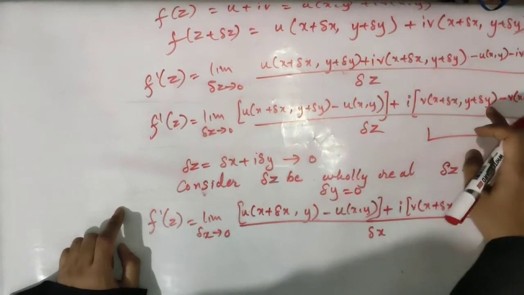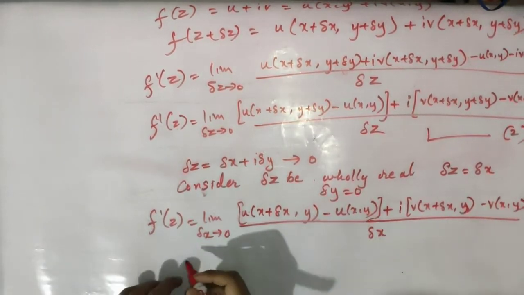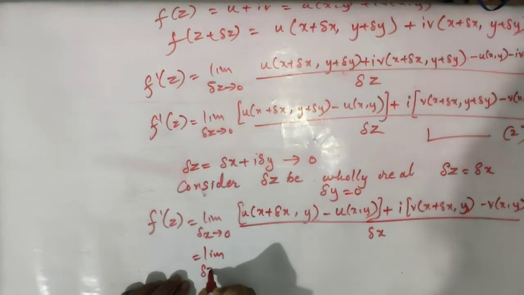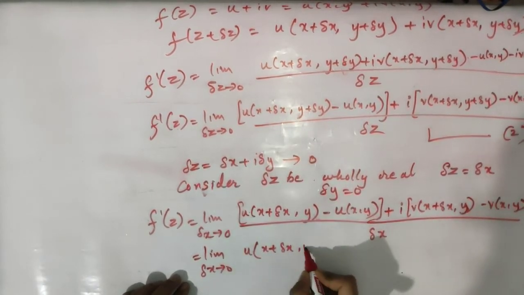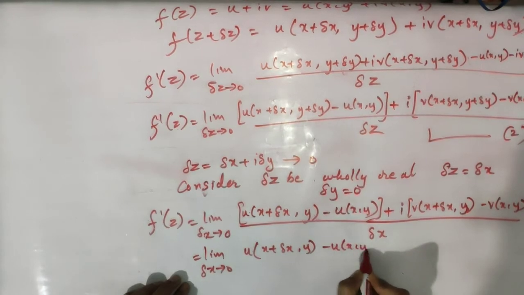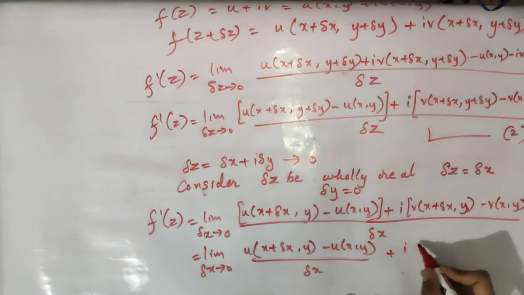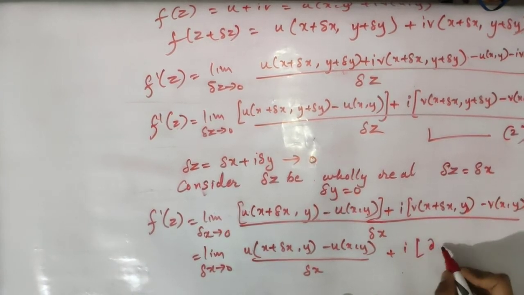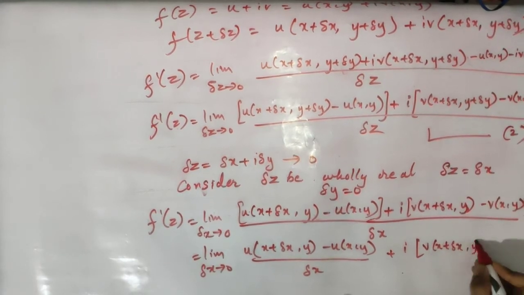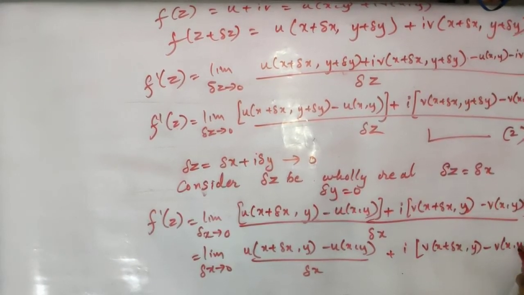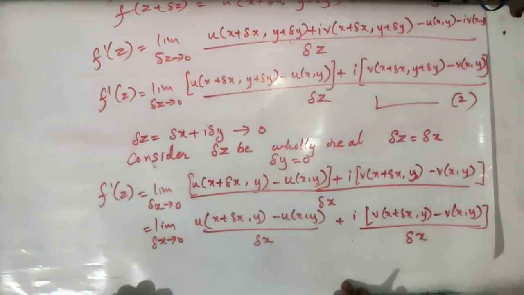Like how delta y was 0 here, same is here. So now I'll separate it. Limit as delta x tending to 0, this is 1 plus I into v of this whole thing divided by delta. I have just separated the terms, nothing else.